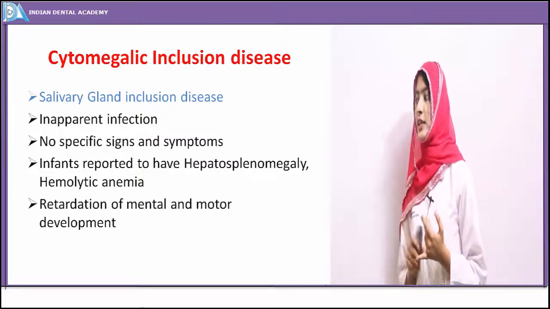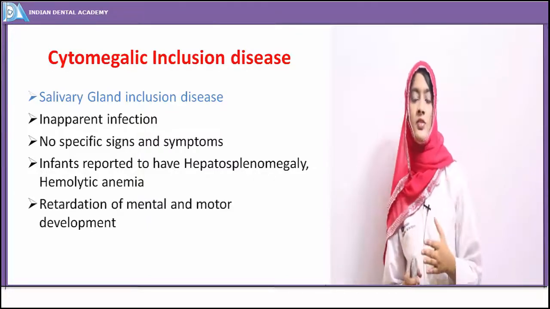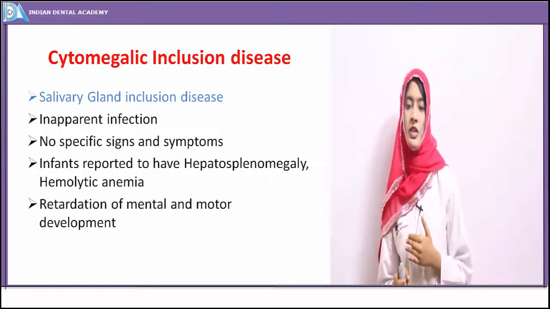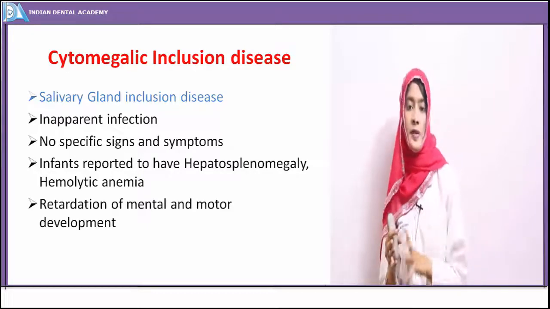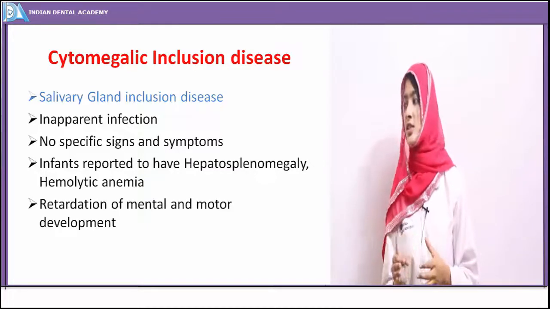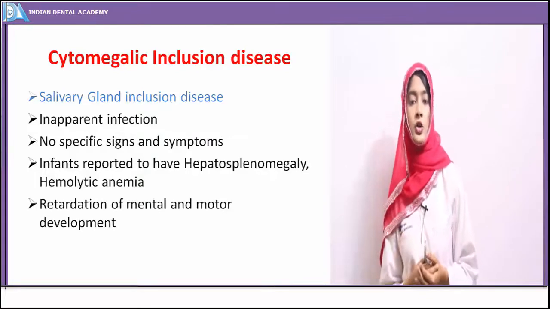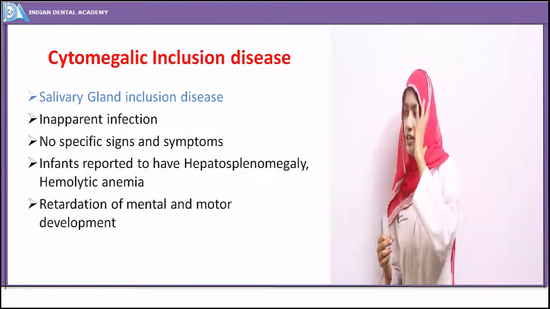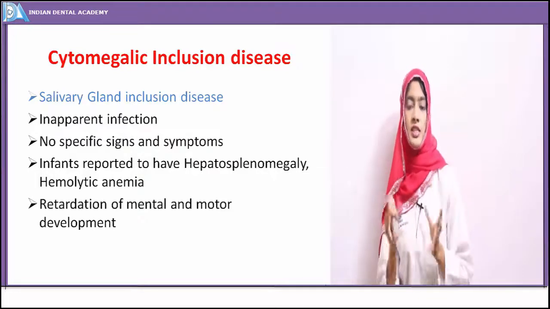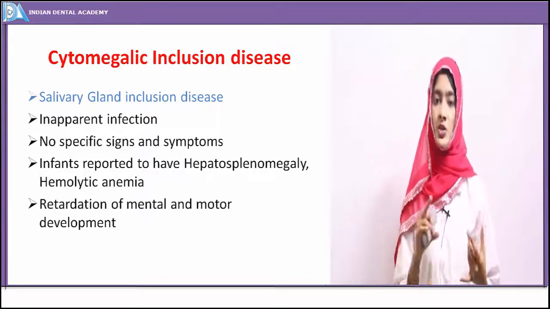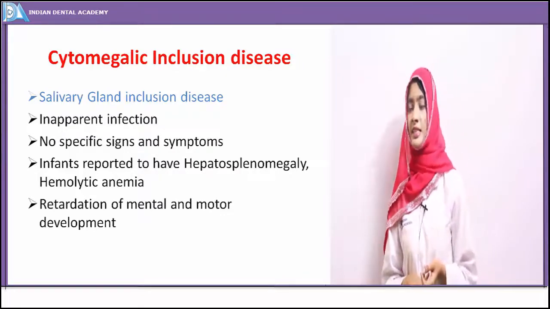Cytomegalic inclusion disease is actually an inapparent infection, that is a subclinical infection. So there are no specific signs and symptoms for this disease. In the salivary gland inclusion disease, you can see the parotid gland is affected and swelling of the affected glands is seen.